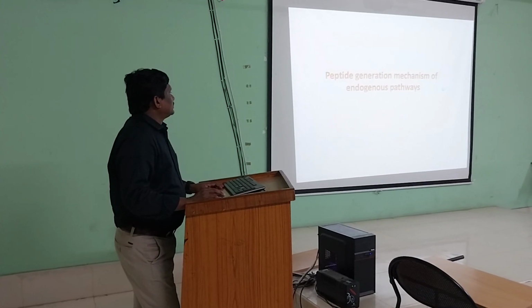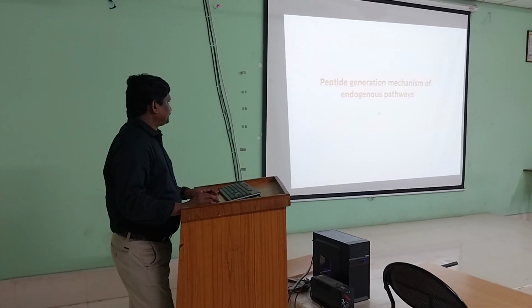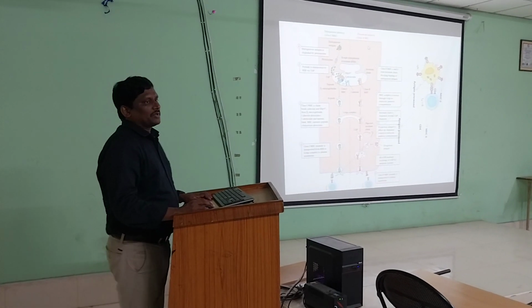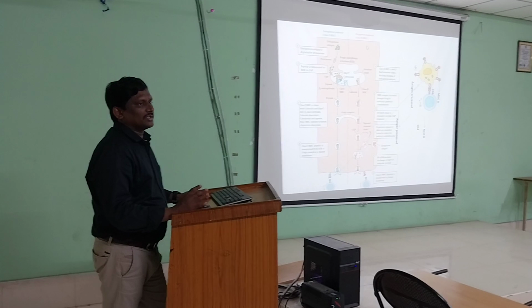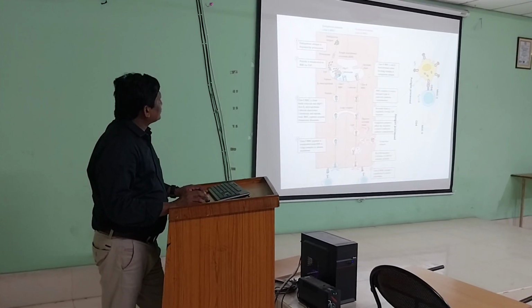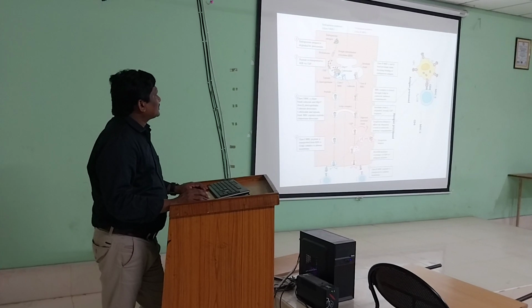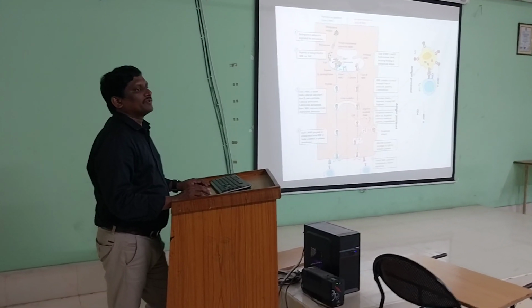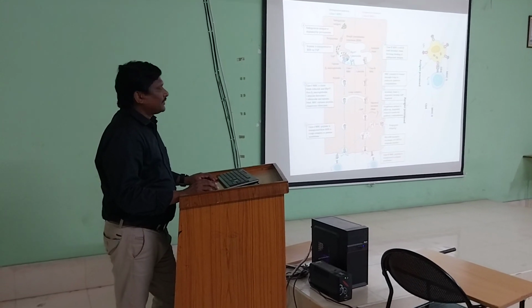Right? So another pathway is the exogenous pathway. Now we have learned about the endogenous pathway, and what is the exogenous pathway? Exogenous pathway means the antigens are coming from the extracellular region.